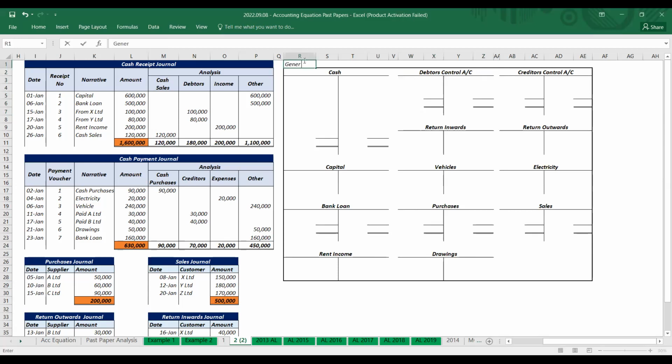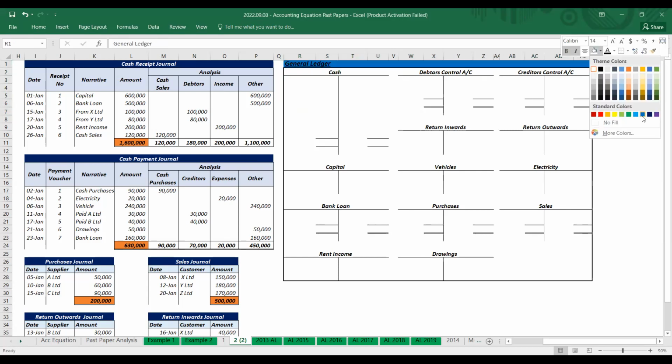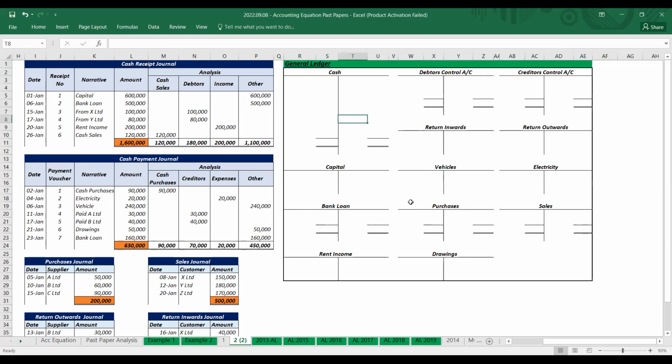This is the general ledger. So using the double entry principle, we need to prepare this general ledger.